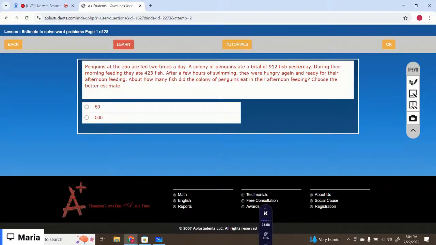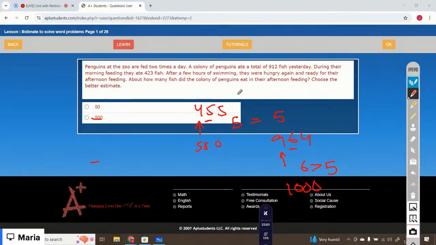A colony of penguins ate a total of 912 fish yesterday. During their morning, they ate 423 fish. After a few hours of swimming, they were hungry again and ready for their afternoon feeding.